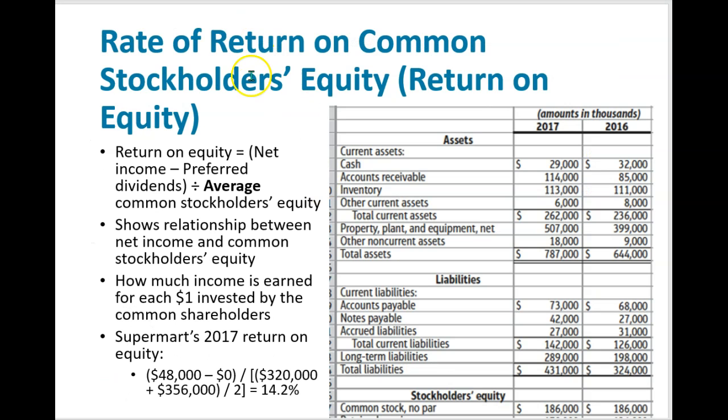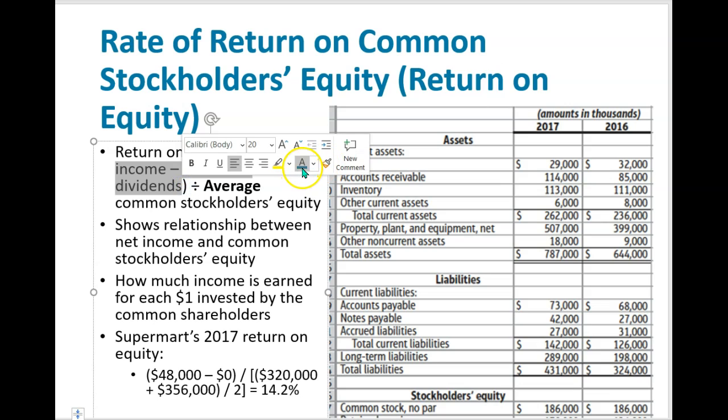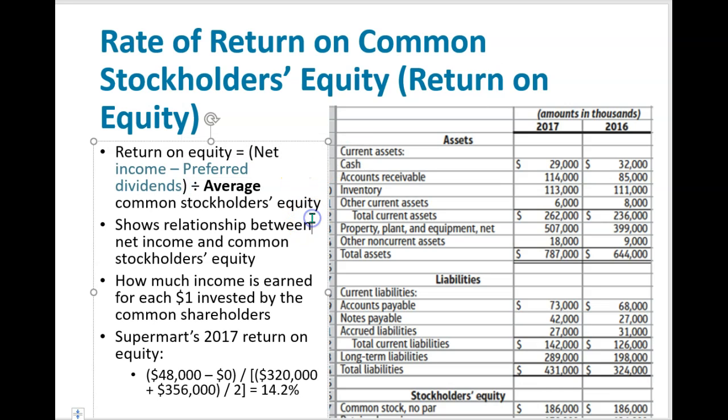Rate of return on common stockholders' equity, or return on equity, is what it's called. Now this is net income minus preferred dividends. The reason for that is that we're looking for the income that's available to the common shareholders. So if they're paying preferred dividends, we take those out first.